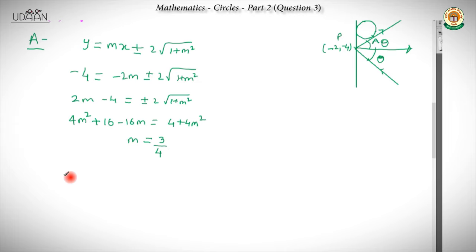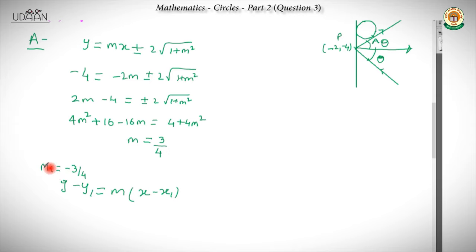But we know that the incident ray passes through the point (-2, -4). So using the slope-point form for finding the straight line equation: if a straight line passes through the point (x1, y1) and the slope of the line is m, then the equation of the line is y minus y1 equals m into x minus x1. Make sure here your m is the slope of the incident ray, which is minus 3 by 4.